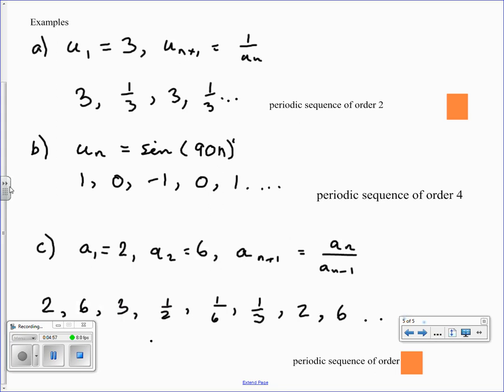And then we'd have 3 over 6, and then half divided by 3, and then you'll see eventually we get back to 2 and the pattern repeats. So this one is a periodic sequence of order 6.